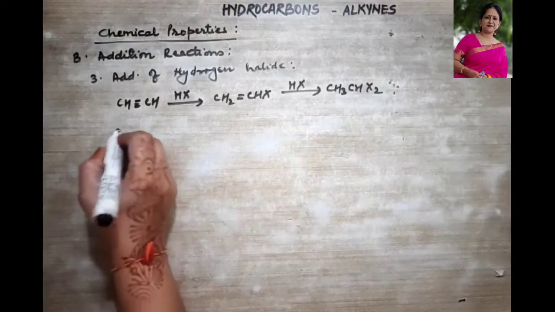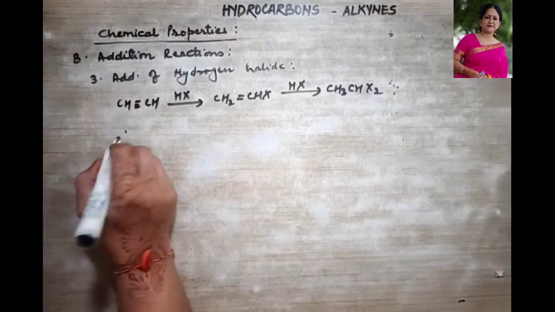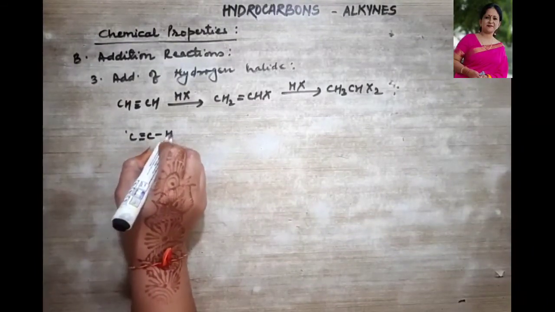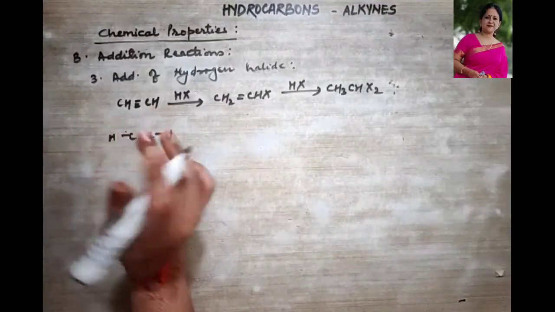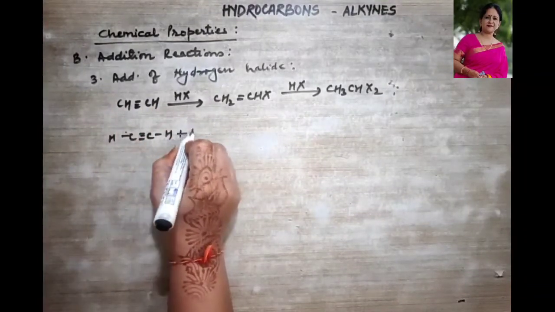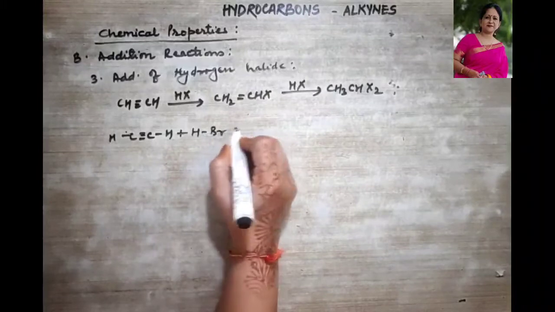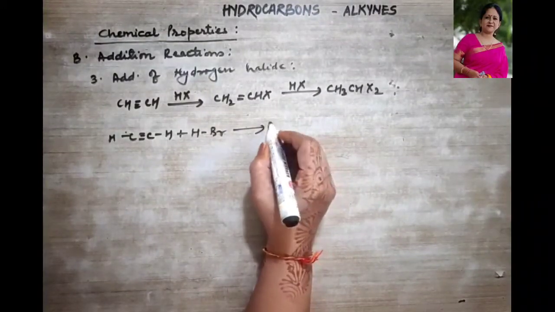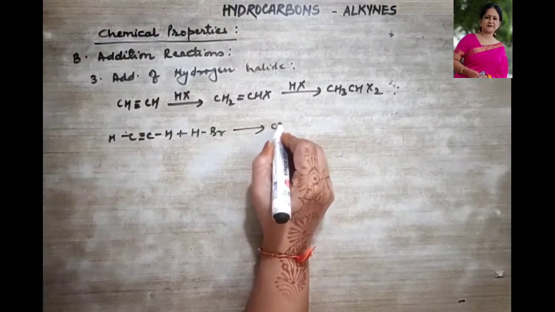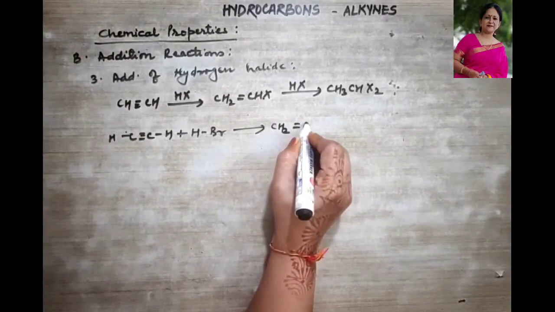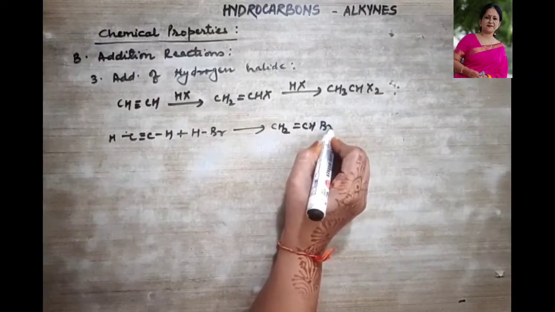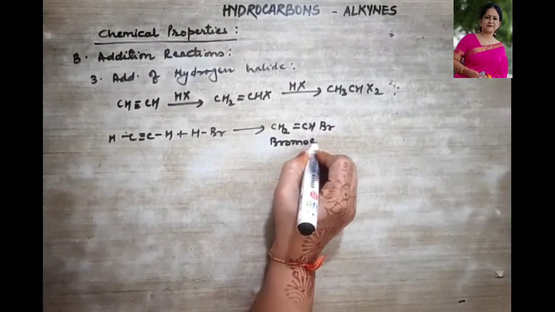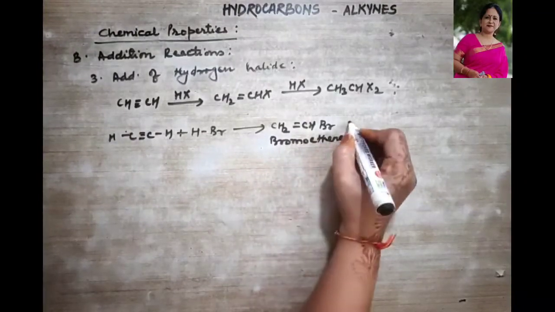Right, so let us see the reaction over here. For example, I take ethyne only. So C triple bond H, right, when treated with HBr. Looking at this compound, you can see bromoethene will be formed first. That is CH2 double bond CHBr. What is this called? Bromoethene is formed.